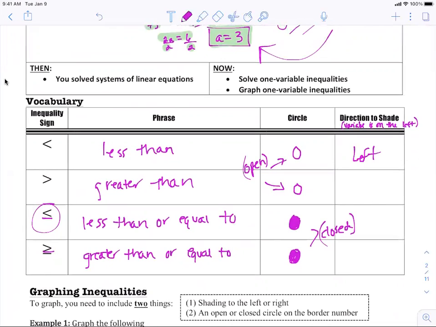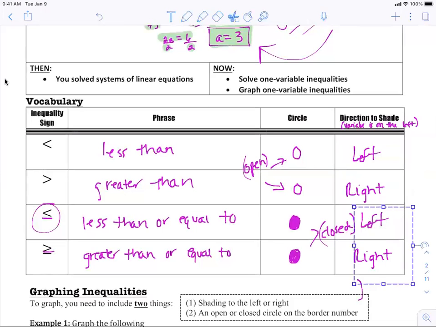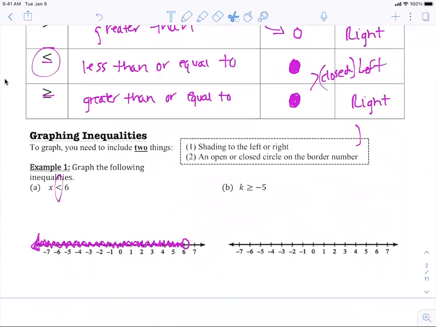If it's a greater than symbol, that's the other direction, that's going to be to the right. And then the same thing holds true for the other ones. If it's a less than or equal to or a greater than or equal to, then we still shade in those same directions. Anything less than is always to the left. And anything greater than is always to the right.